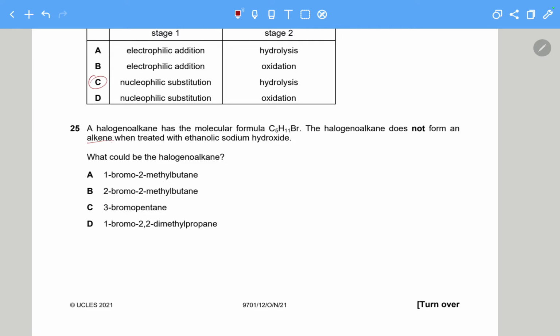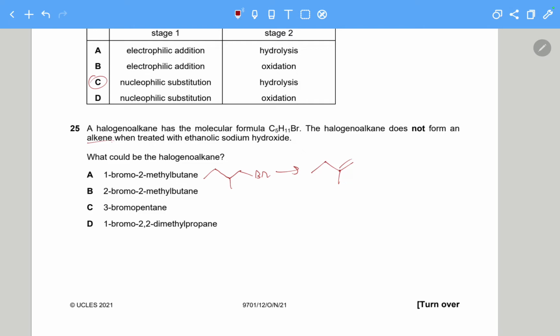So option A is CH3, CH2, CH, CH3 and CH2Br. So this is 1-bromo-2-methylbutane, and this can have elimination to give the alkene, this one.